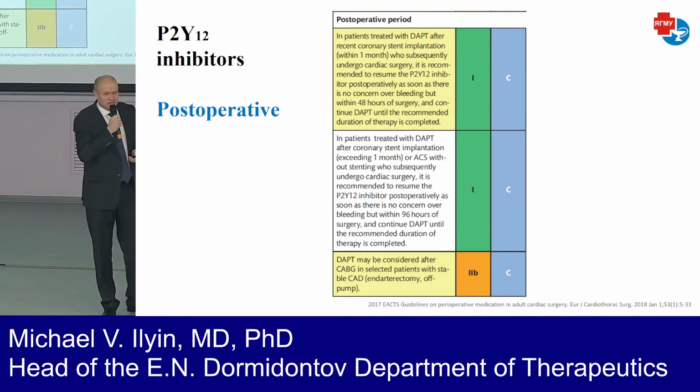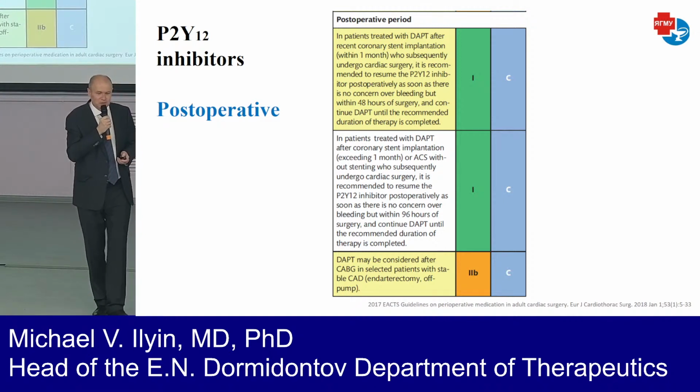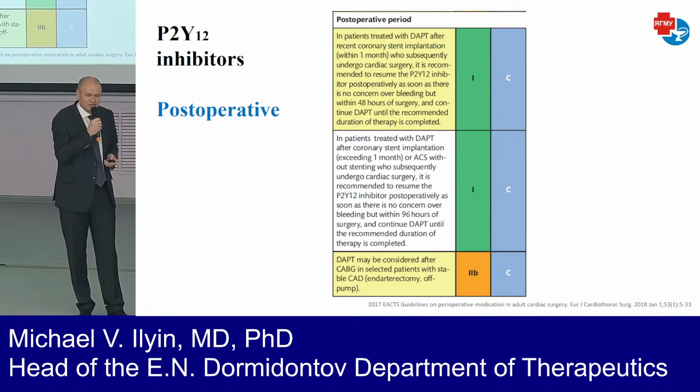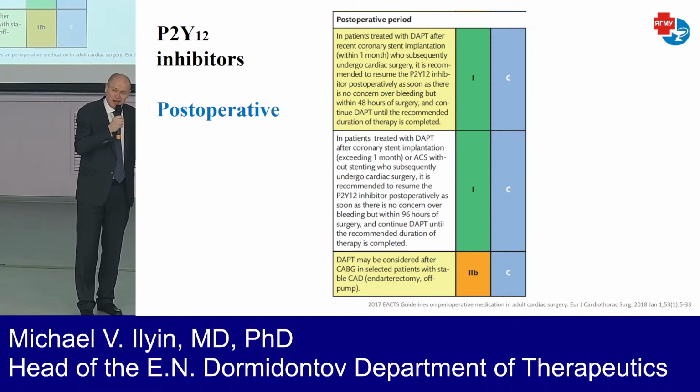Postoperatively, in patients treated with DAPT after recent coronary stent implantation within 1 month who subsequently undergo cardiac surgery, it is recommended to resume the P2Y12 inhibitor postoperatively as soon as there is no concern over bleeding. So we get them back after surgery if we have a situation with stenting before a surgery and after surgery. So we get it back.